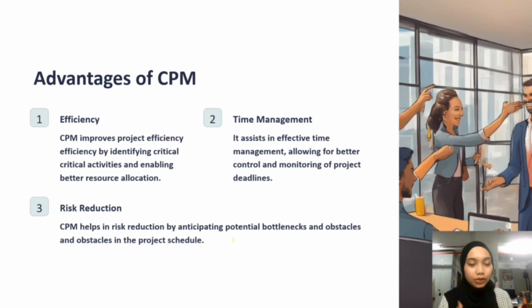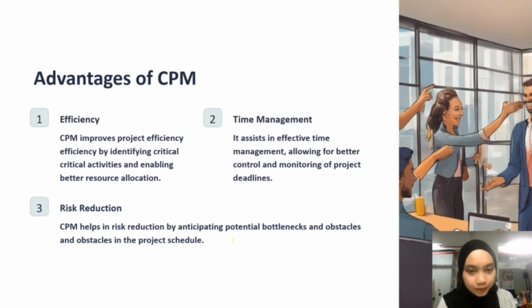So hi, I will tell you guys the advantages of CPM, critical path method. There are 3 advantages of CPM, which are efficiency, time management, and risk reduction. For the efficiency, CPM improves project efficiency by identifying critical activities and enabling better resource allocation.